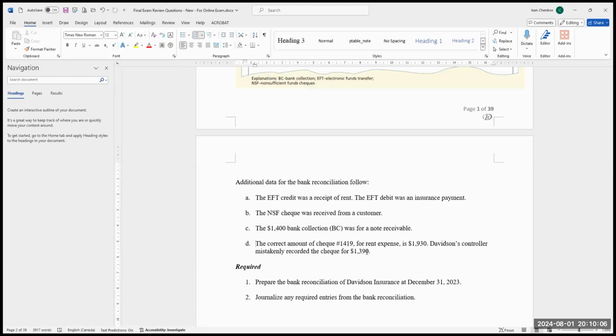Our cash was deducted only with $1,390 from our books. The actual amount that has to be deducted from our cash in the journal ledger is $1,930. So the bank is right. Let's go back and figure out how to deal with this situation.